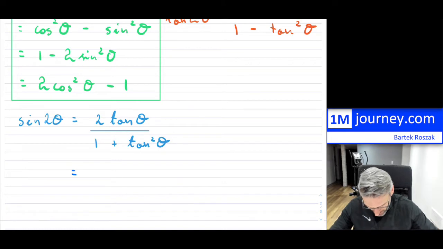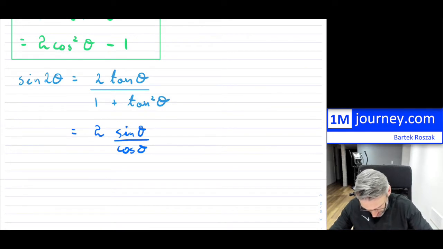So what am I going to do here? Okay, so tan theta is basically just sine theta over cos theta. I certainly can't have tan theta, so I'm going to try that first.